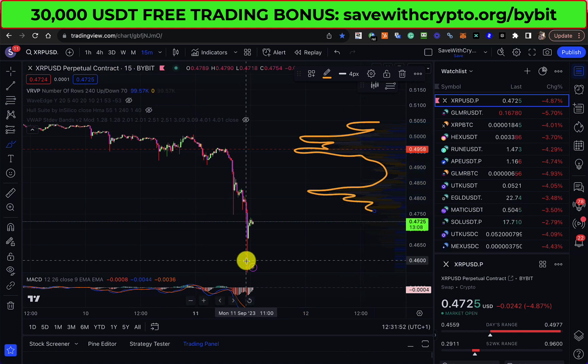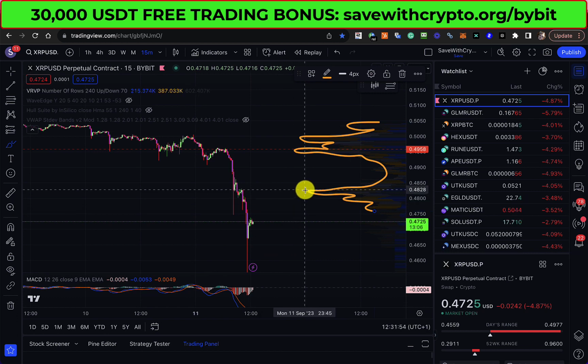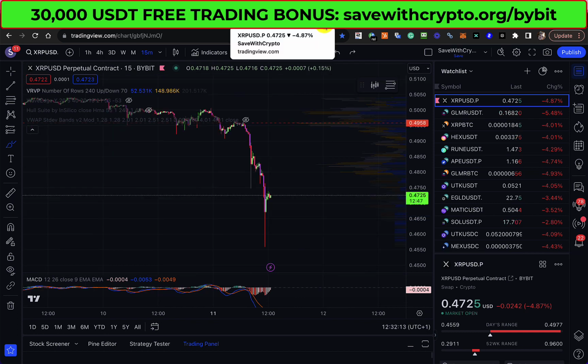And the way it tends to work is, the price tends to get attracted to these kind of nodes. So, a jump up to something like 48 cents in the next few hours is quite feasible, but we'll have to wait and see. And that's pretty much it. That's about all I use indicator-wise.